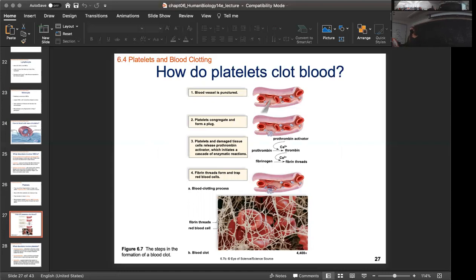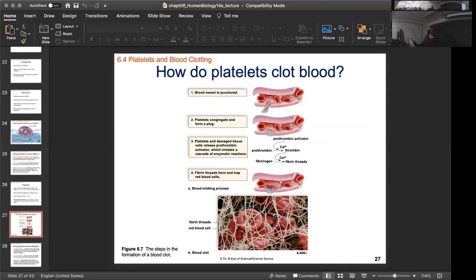This is a really graphic picture here, I apologize. There's something sticking into this, a knife, a staple, a nail? I have no idea what that is. Anyways, a blood vessel is punctured. What happens then is these little light blue things floating around called platelets congregate and form a plug right here.